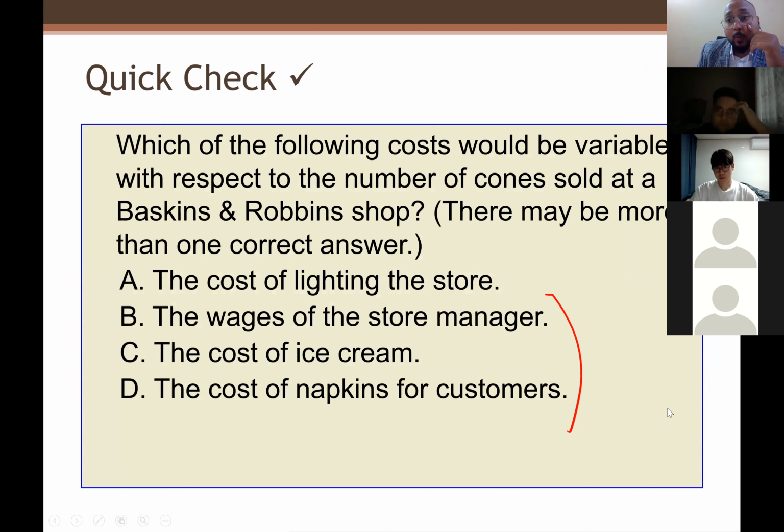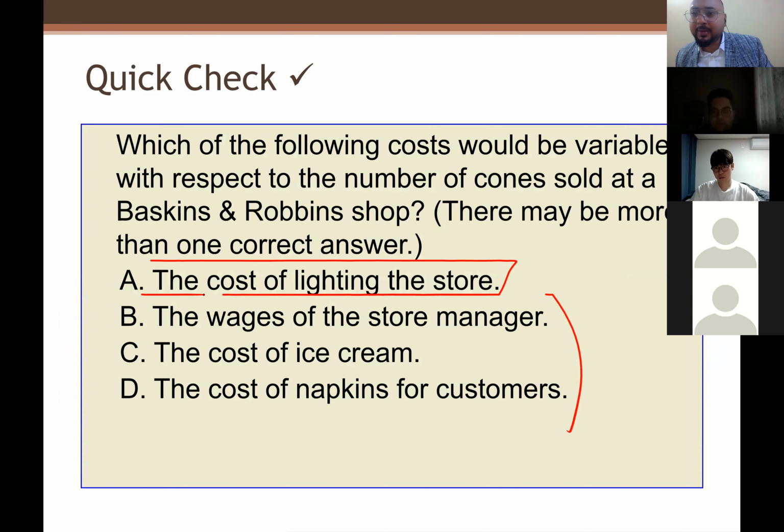See, what is your point of view here? Why did you say it is fixed or variable? Because in 1 month it can come, I don't know, $20. Another month it comes $30 or something like that. We are talking about the cost of lighting the store.